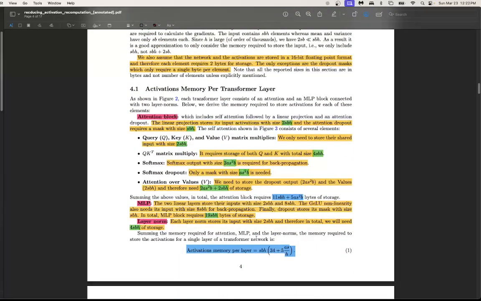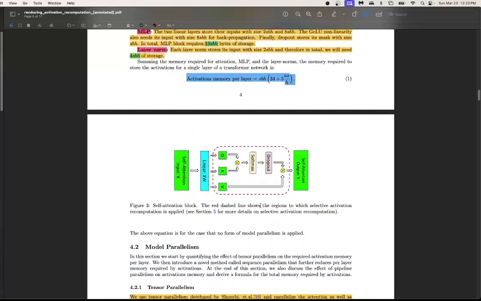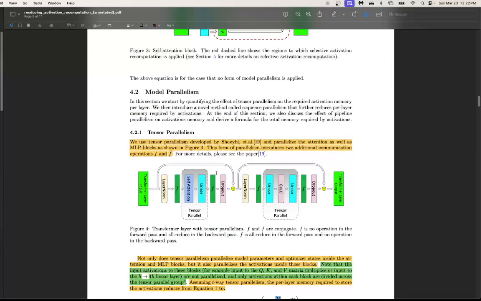So basically, if we go through these and see which of these activations in tensor parallelism are actually partitioned, and which are replicated. If we look at the layer norm, if we remember our diagram, it is not subject to tensor parallel.